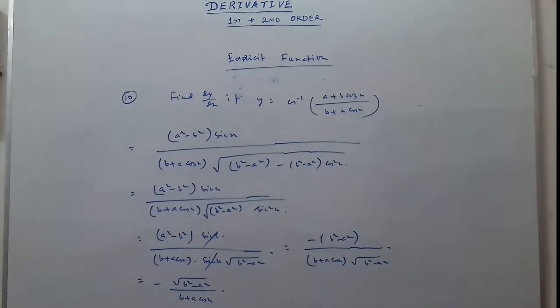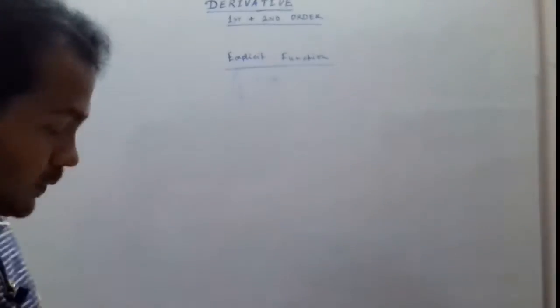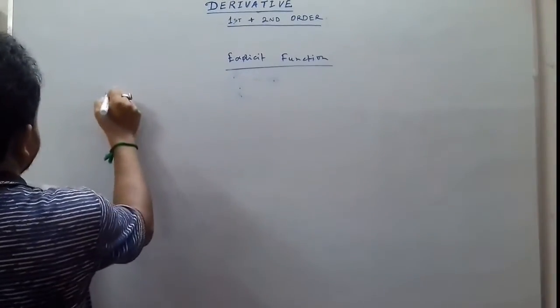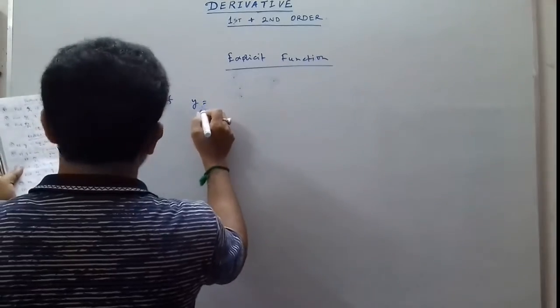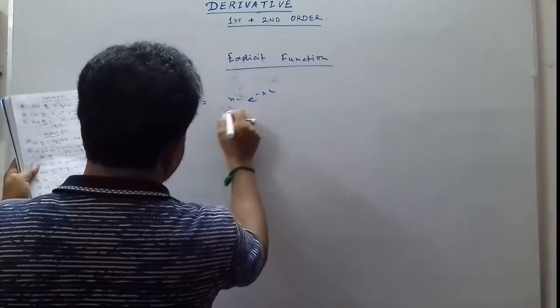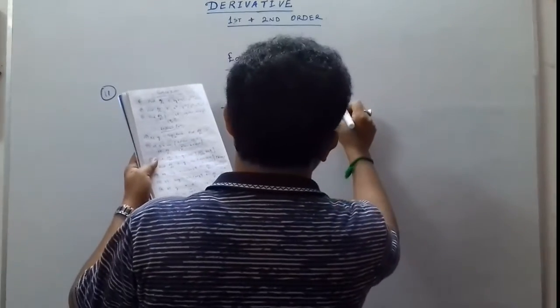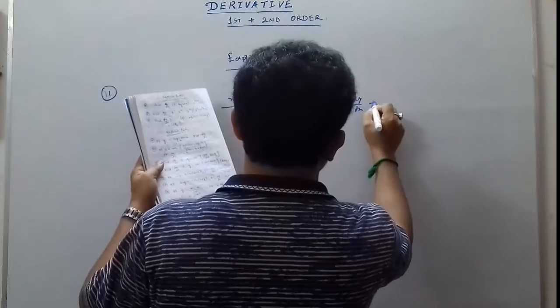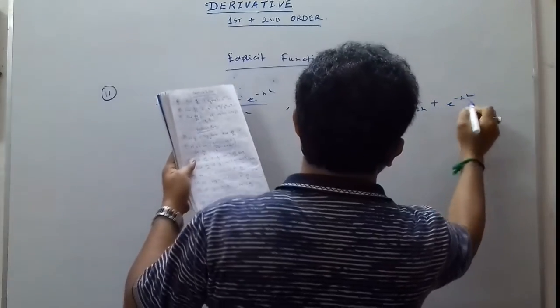Next problem. Problem number 11. If y is equal to (x minus e power minus x square) divided by 2x square, prove that x into dy/dx plus 2y is equal to 1 over 2x plus e power minus x square.